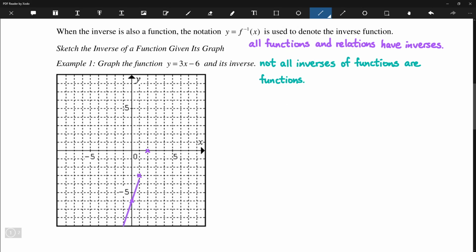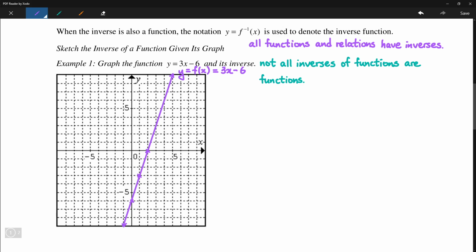Go ahead and draw that in. So this would be the line y equals f of x, and that f of x is 3x minus 6.